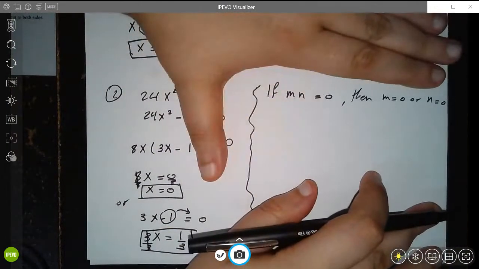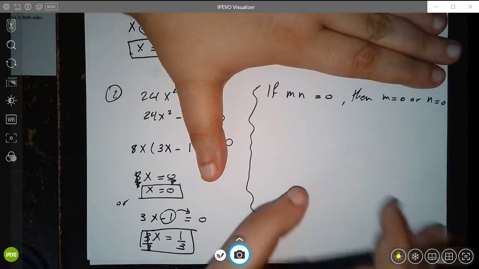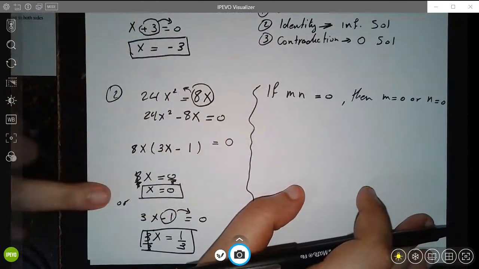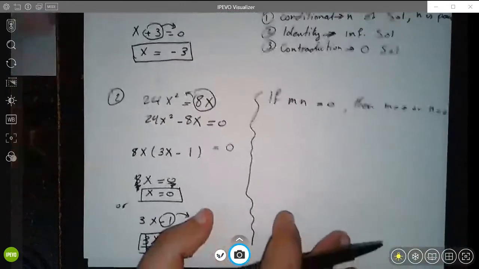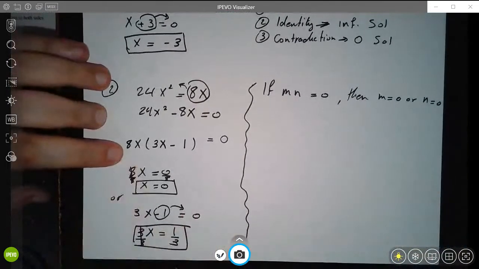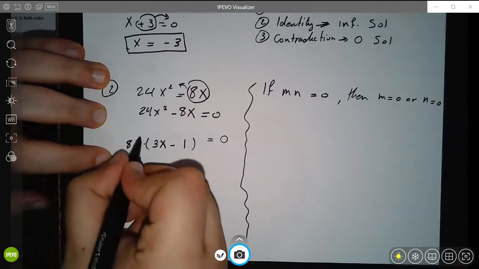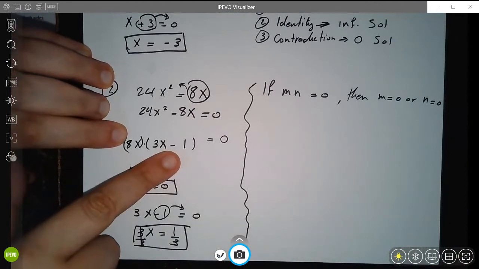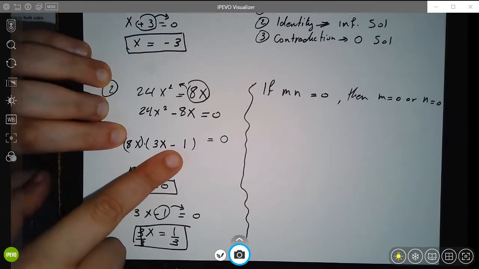Now, why is this a rule if it's so obvious or so logical? It's because that's what we use when we try to figure out the x's. Since we have a multiplication, see this? This is a multiplication between two terms. So this is your m and that's your n. That's why we try to factor the quadratic.